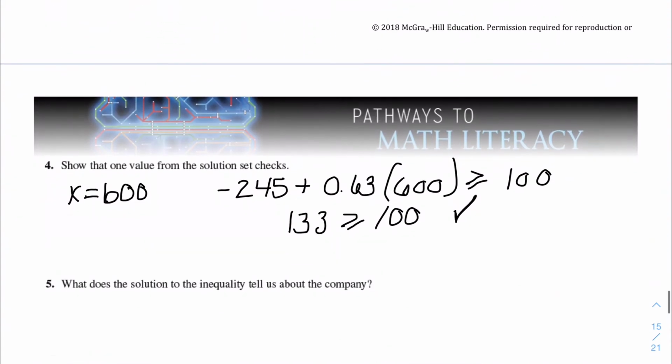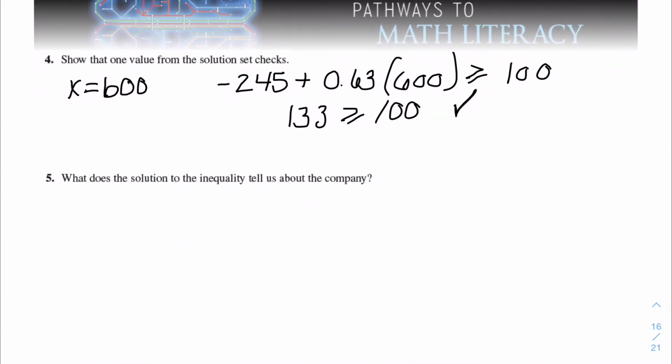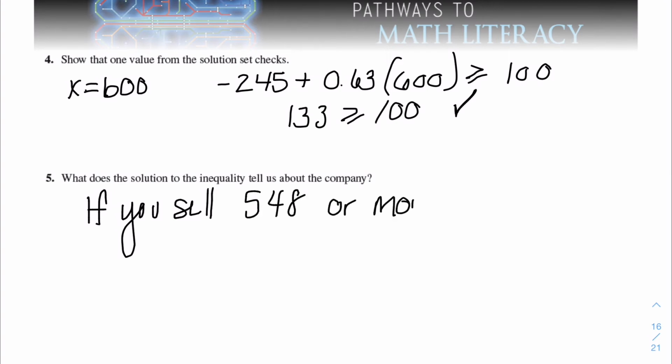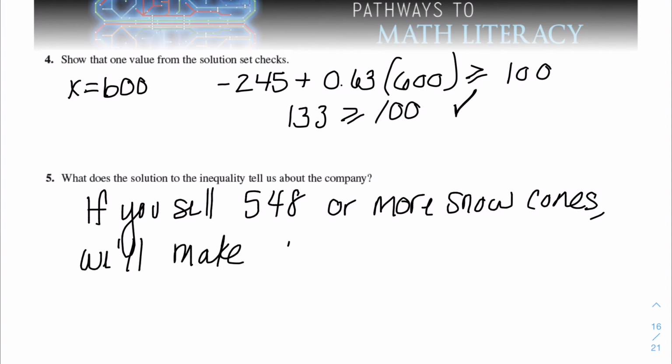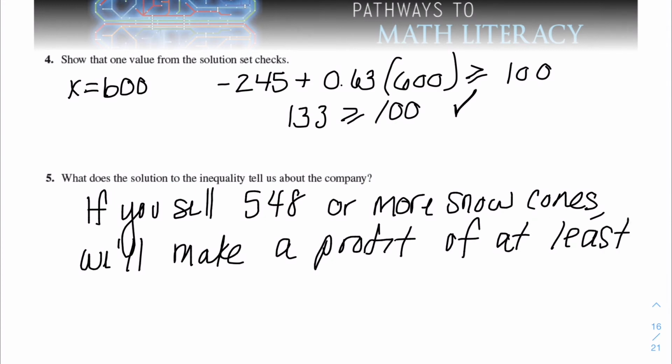So if you sell $548 or more snow cones, you will make a profit of at least $100. So that's what our solution set means.